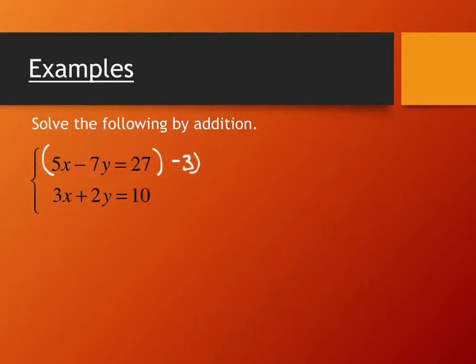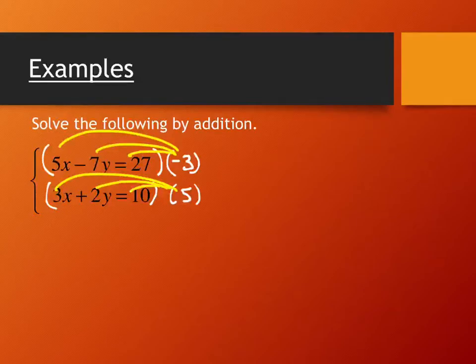I'm going to choose to make the first one negative and the second one positive. So if I multiply the first equation by negative 3, I will get negative 15x at the beginning. And if I multiply the second equation by positive 5, I will get positive 15x at the beginning. But as we multiply them, we have to multiply everything in the equation, all 3 pieces, not just the one that I'm trying to get to be the same.